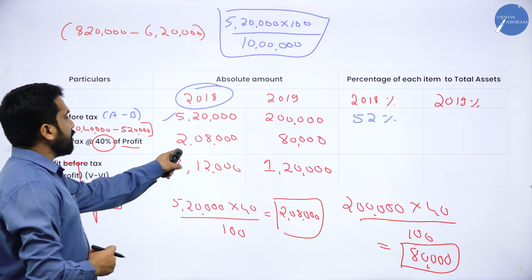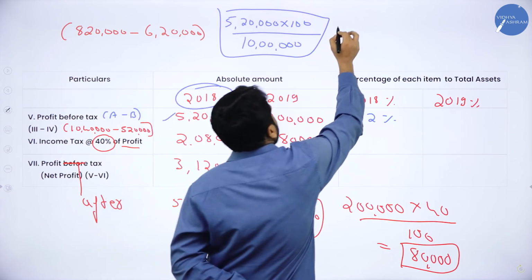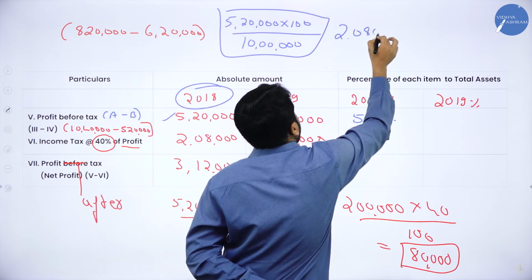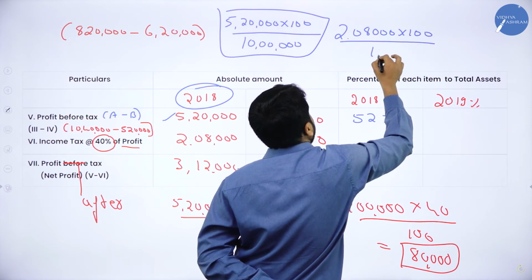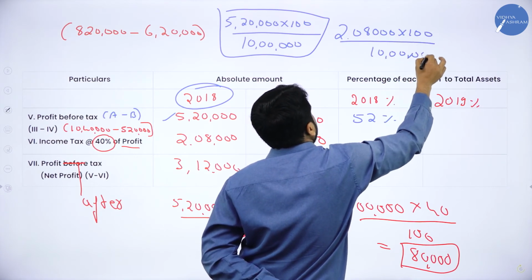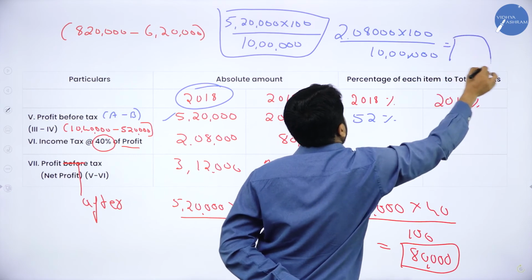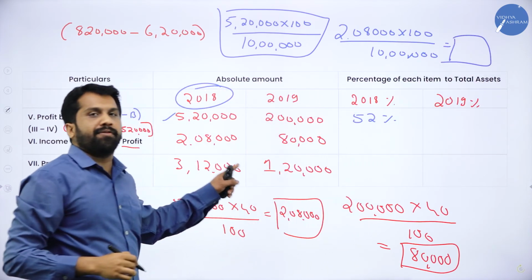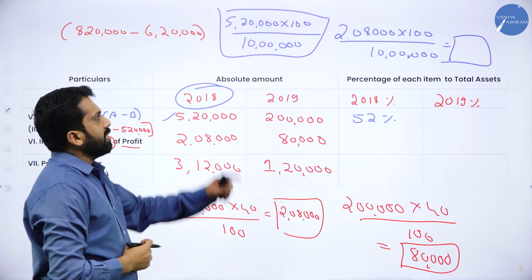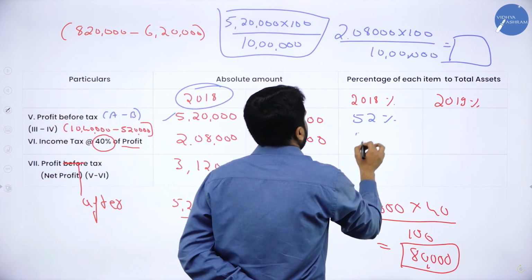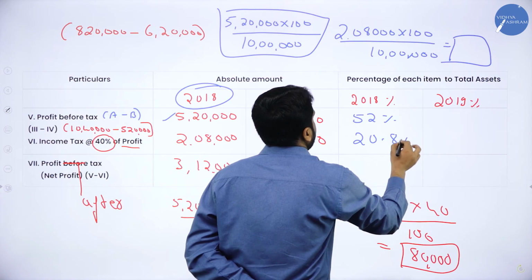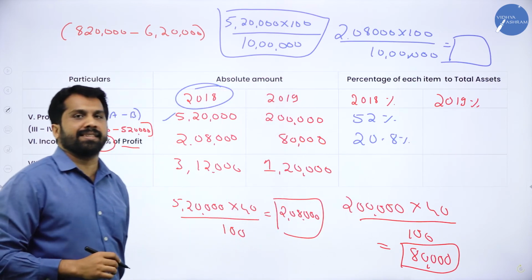Then we'll go for the second one. What is the amount? 2,08,000. 2,08,000 multiplied with 100 divided by 10 lakh. How much will you get? If you calculate, you will get 20.8%.